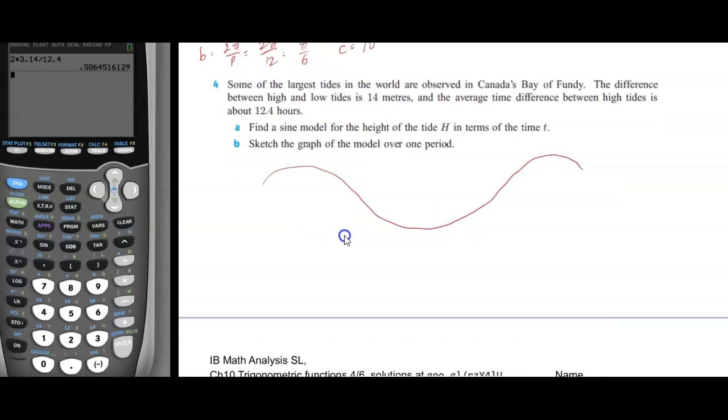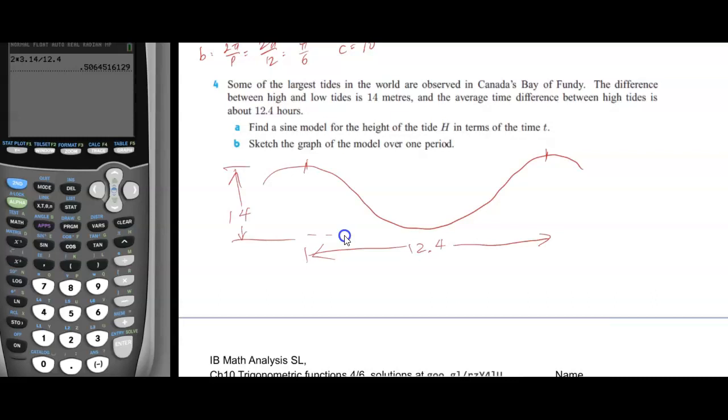So the difference between high and low tide is 14 meters, so this distance here is going to be 14 from top to bottom. The average time between high tides is about 12.4 hours. That's all the information they give us.